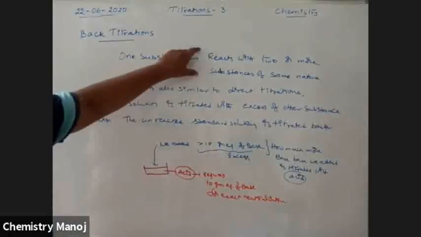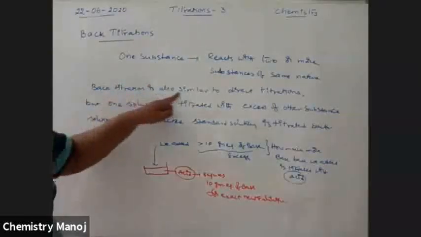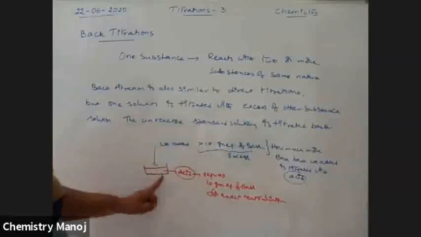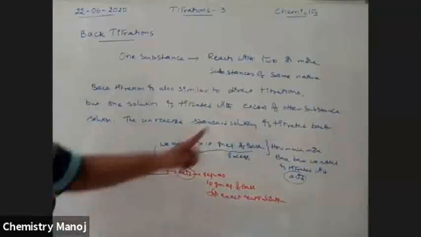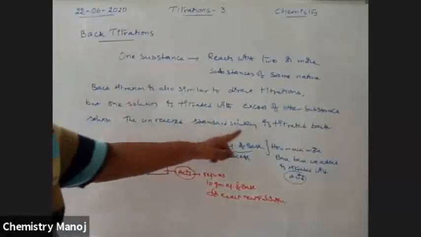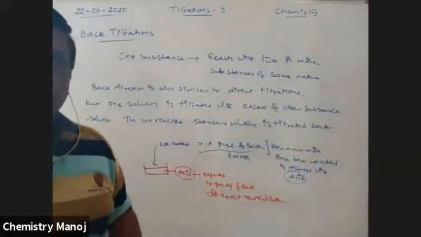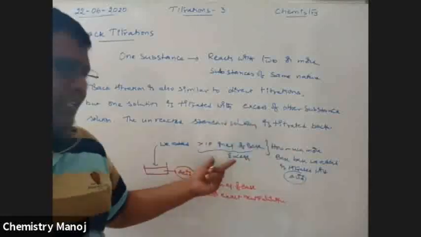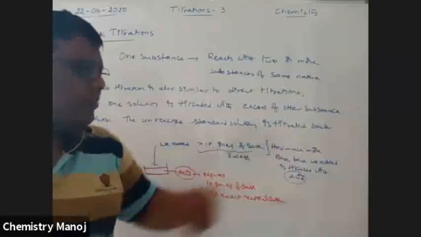There is a principle here. Back titration is also similar to direct titration, but one solution is titrated with excess of the other substance. The excess substance is titrated back. Because it is base, the excess is identified with the help of acid. If it is acid, that is titrated with base.